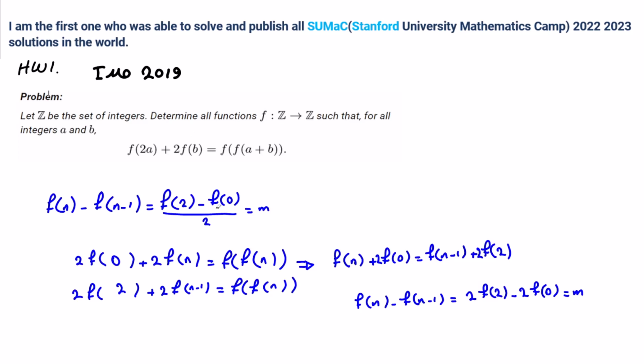Understood your careless mistake here? You said over 2, but it is times 2. Did I have a careless mistake or did you? I'm trying to figure out now.